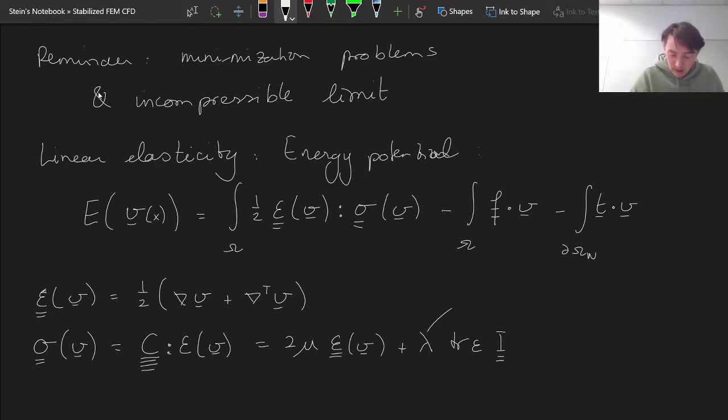And these are Lamé's first and second parameters: lambda is Lamé's first, and mu is the second parameter.